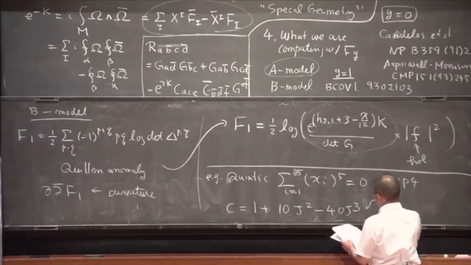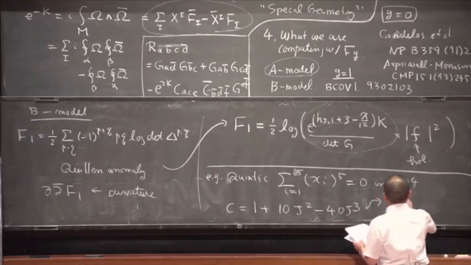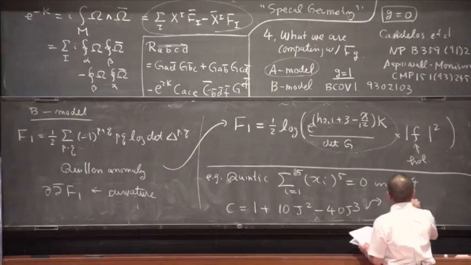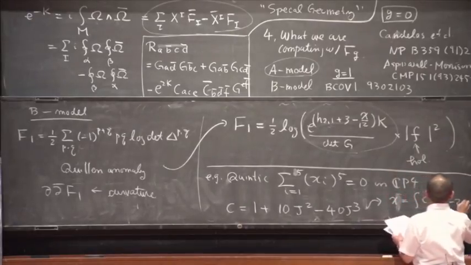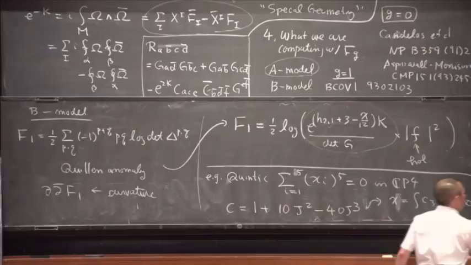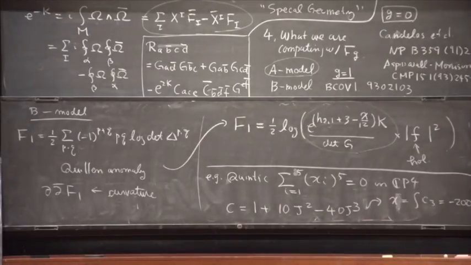And from that, I derived that the Euler character, namely the integral of C3, is minus 200. But now, in the case of Calabi-Yau, where chi in general is the sum over pq of minus 1 to the p plus q of hpq, it turns out this is equal to twice of h21 minus h11. And we know this answer is minus 200.